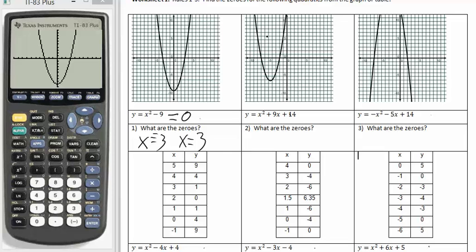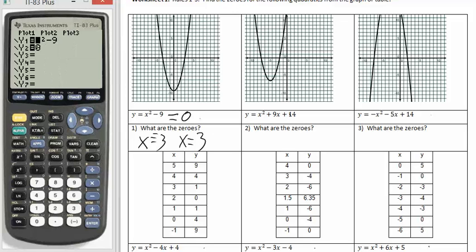Okay? So let's take a look at the next one. I won't put it in the calculator this time, but you would put x squared plus 9x plus 14 in y1, and then you would put 0, because we're going to solve these by finding the 0 when y is equal to 0. And it would draw the graph, and you can see exactly where they cross.